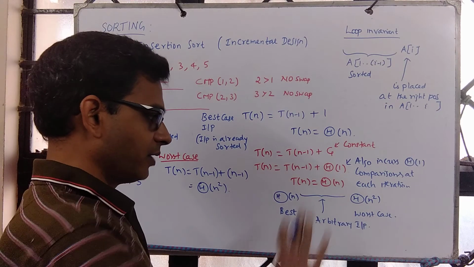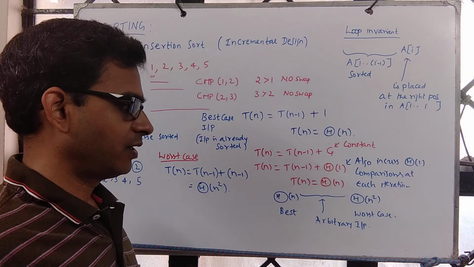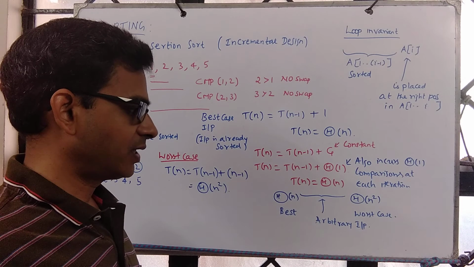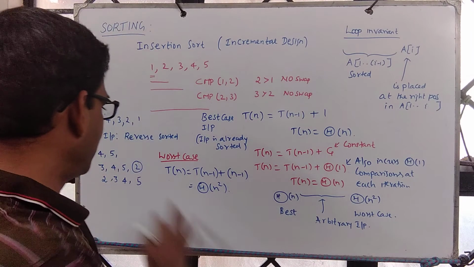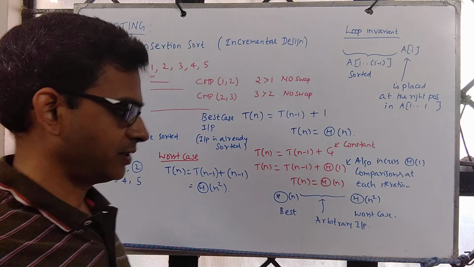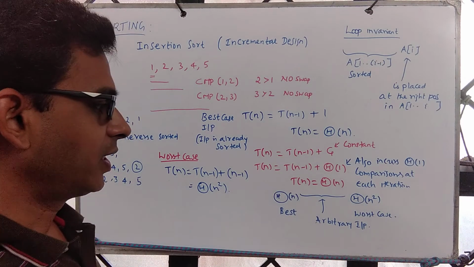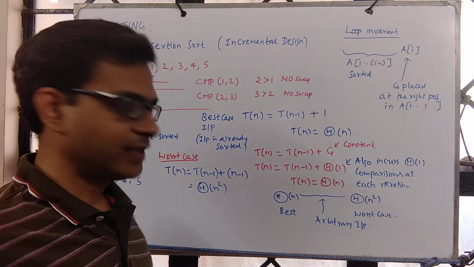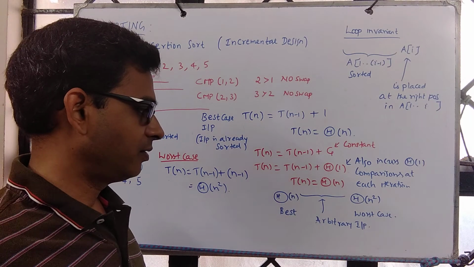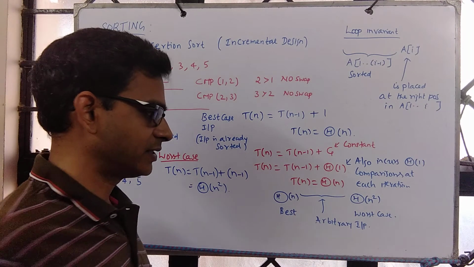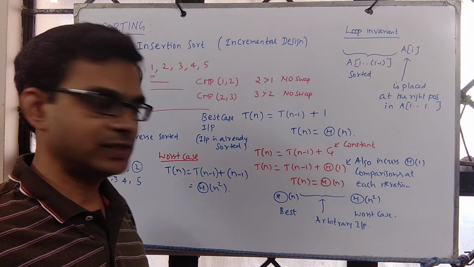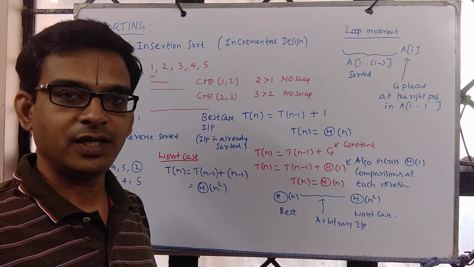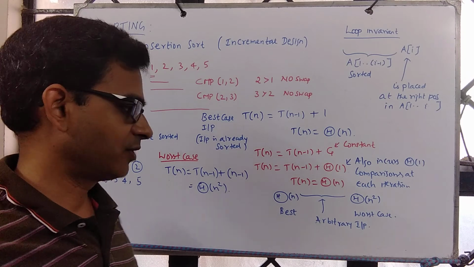But if you look at the worst case input, reverse sorted is one such example, it incurs theta of n square. From the worst case analysis, there is no significant improvement. Bubble, selection and insertion are all of the same complexity.